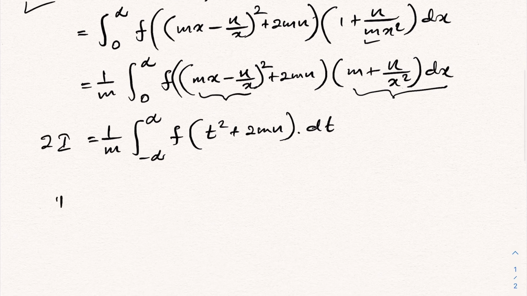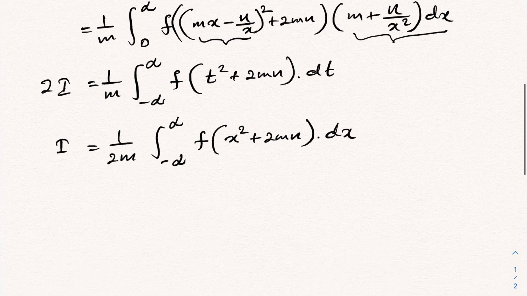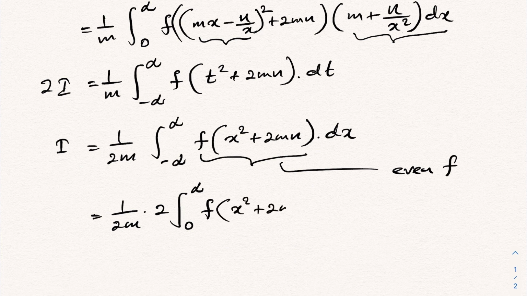Now we know I is equal to 1 over 2m times the integral from minus infinity to infinity of f of (x square plus 2mn) dx, where we changed the variable. Now this function is an even function, so we can write 1 over 2m times 2 times the integral from 0 to infinity of f of (x square plus 2mn) dx.